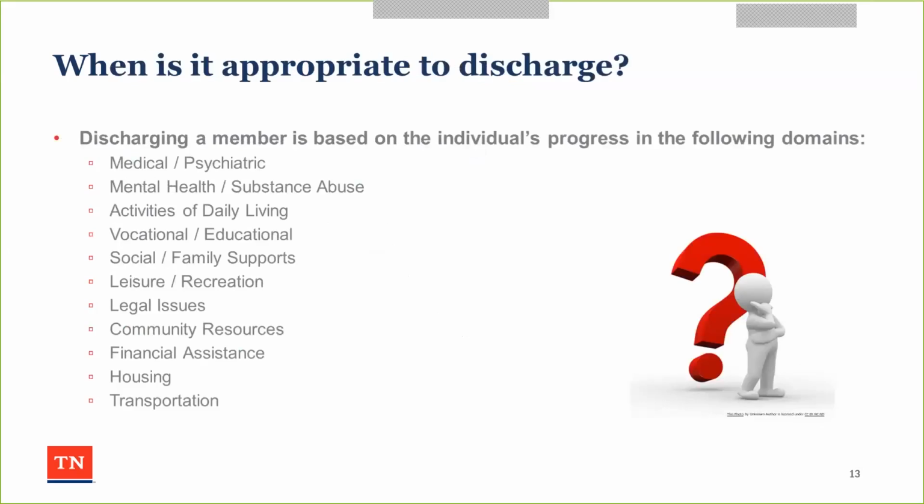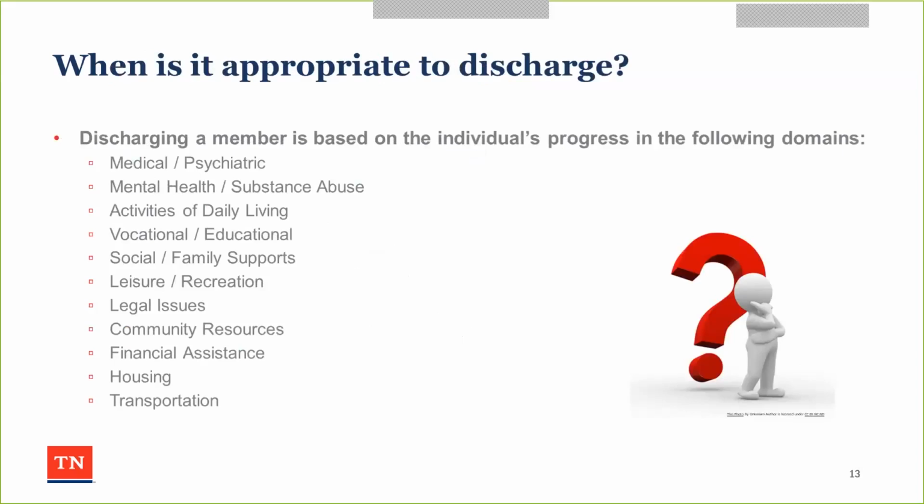So the next question then is, when is it appropriate to discharge? This is going to lead to the level of care guidelines, medical necessity criteria, and you'll see on the slide in front of you these various domains that are listed here. This is what we use to assess an individual to see if there's need for the service.